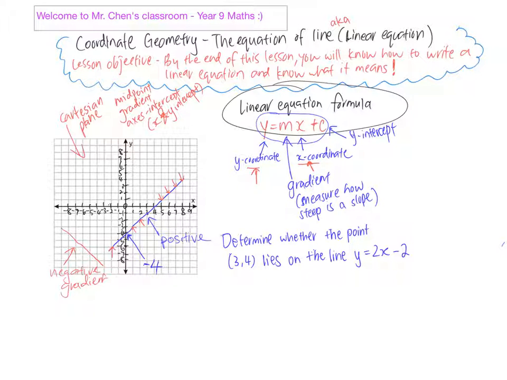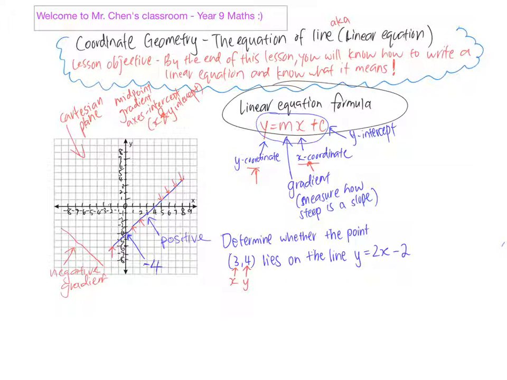If you put the coordinates into that equation, you should be able to get the answer, which I'm gonna prove here. So straight away, you have to see which one is x and y. This is the x and that is the y. Remember, x first and then y always comes after that.